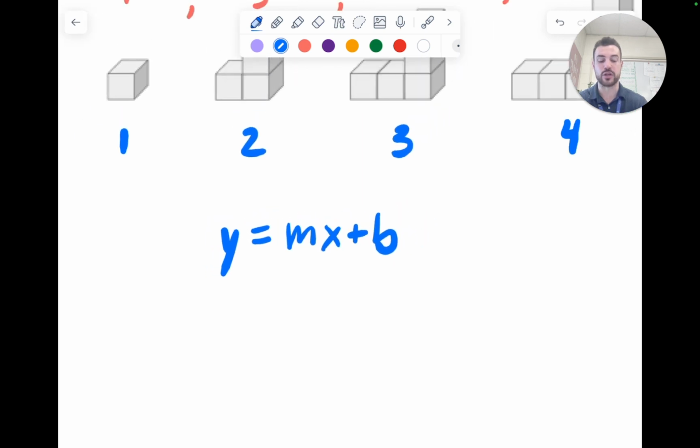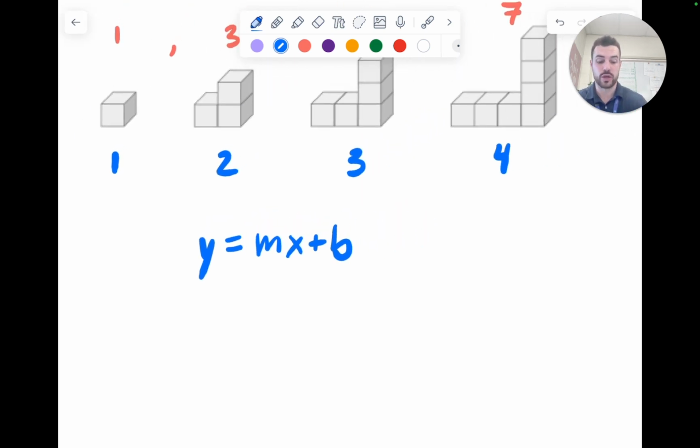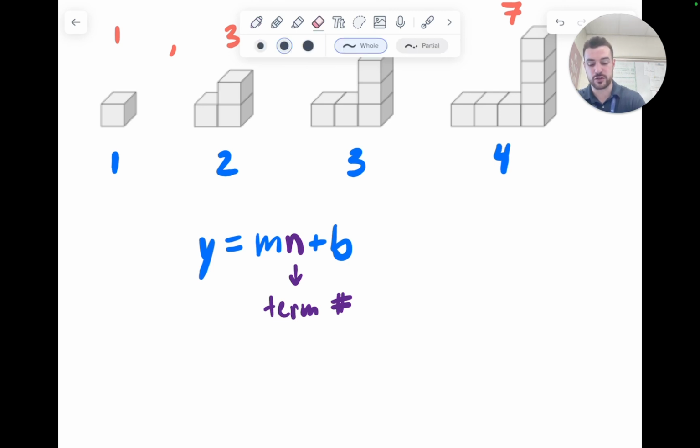So that means our notation here is going to change. We are not going to be using x. Instead, we are going to be using n values. Now, n is going to stand for our term number. So if we're looking for the second term, we should be able to plug in 2 for n and find out how many, in this example, cubes are going to be in that visual representation. Now, because this isn't a function, we're not going to use y.